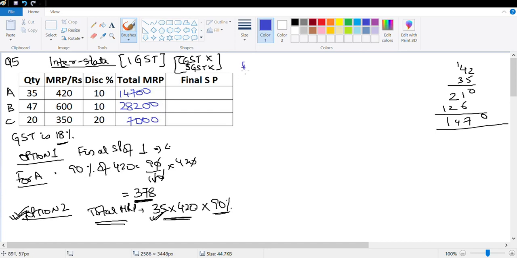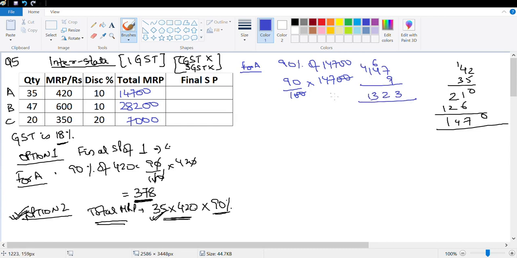For A, my final SP will be 90% of 14,700, which is 90 upon 100 into 14,700. That's 147 into 9, which is 1323, so that's 13,230. For B, it will be 10% gone, which means 90%.